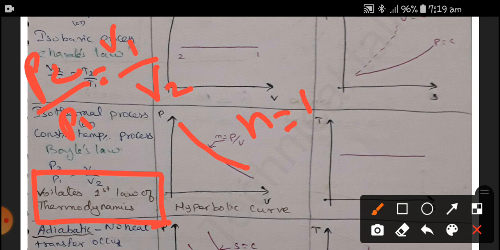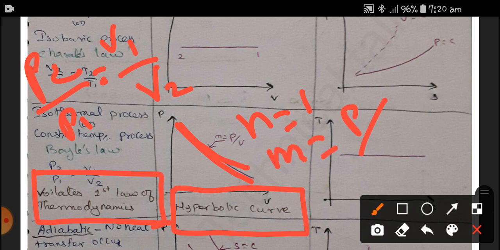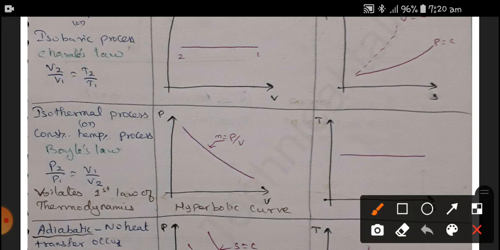In the isothermal process, the PV curve is a hyperbolic curve. Therefore, the slope m is equal to pressure by volume. And in the TS diagram, since it is a constant temperature process, temperature is equal to constant, where S will differ.